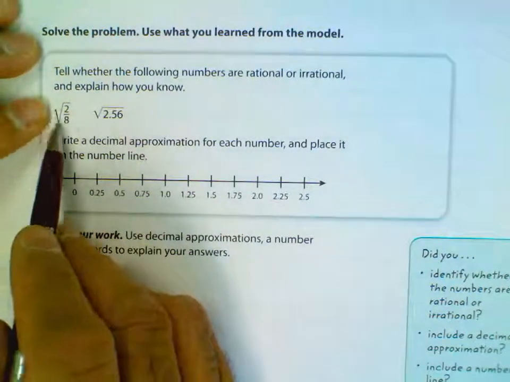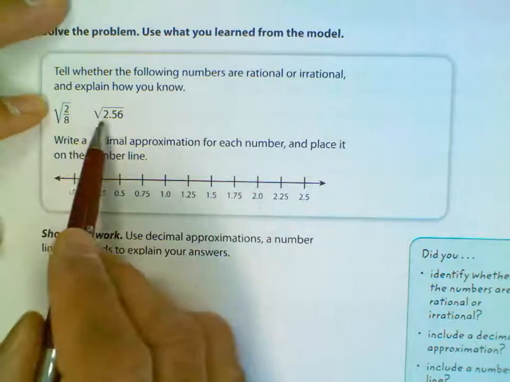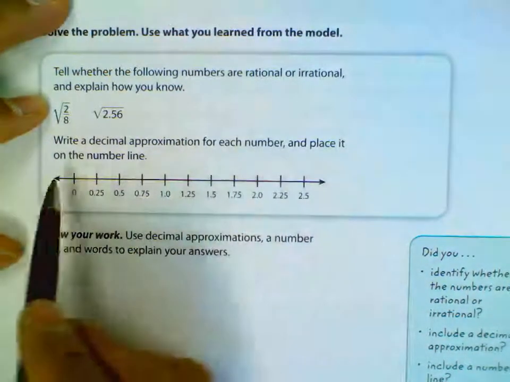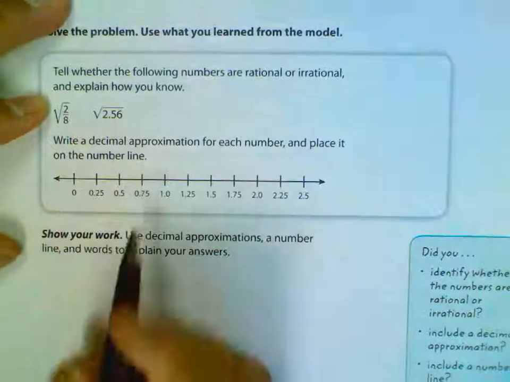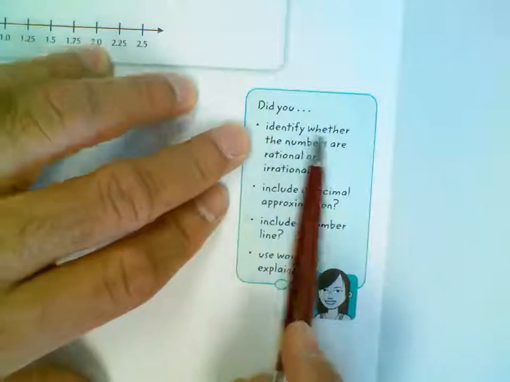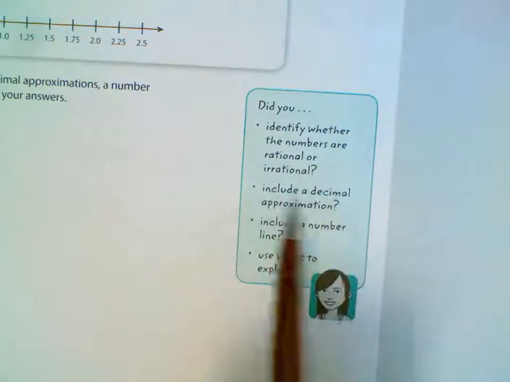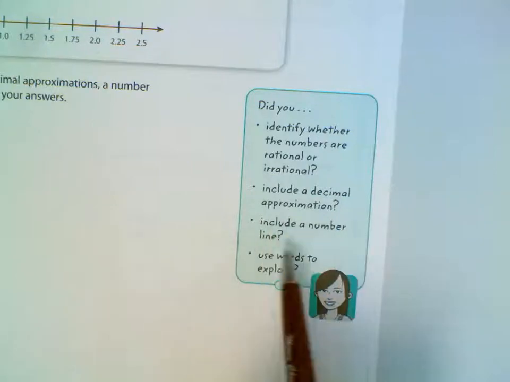You have the square root of 2/8 and the square root of 2.56. Write a decimal approximation for each number and place it on the number line. So show your work. Remember here, did you identify whether the numbers are rational or irrational? Include a decimal approximation, include a number line, use words to explain.